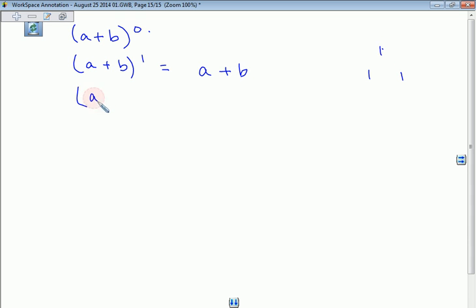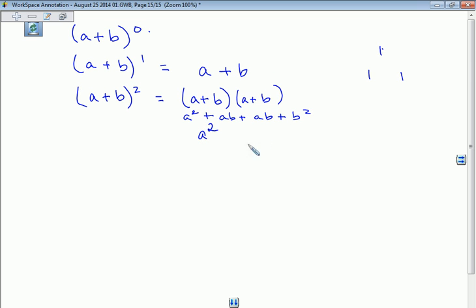Alright, now I'm going to do A plus B squared, which you do A plus B times A plus B is A squared plus AB plus AB plus B squared, which is square the first one, double the product of the two, and square the last one.